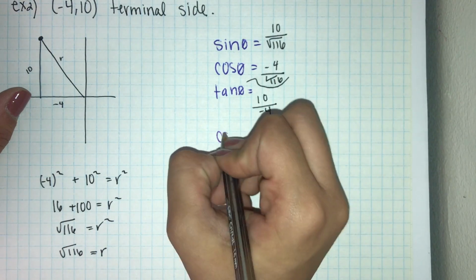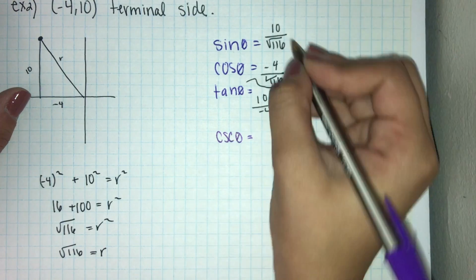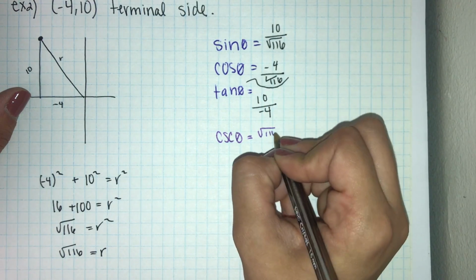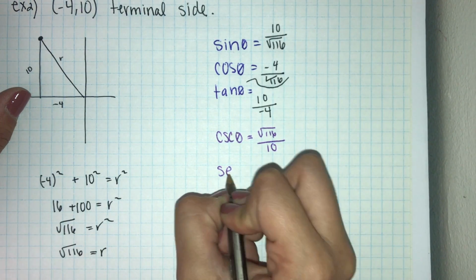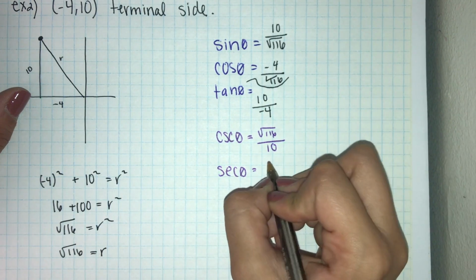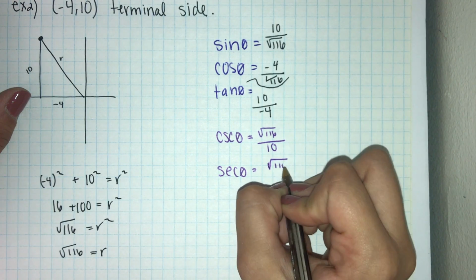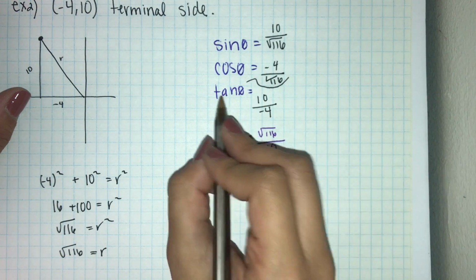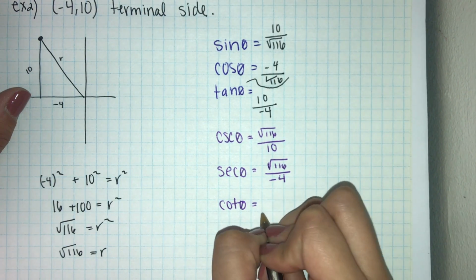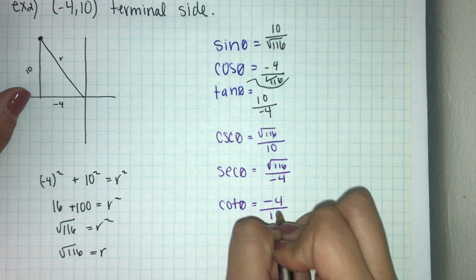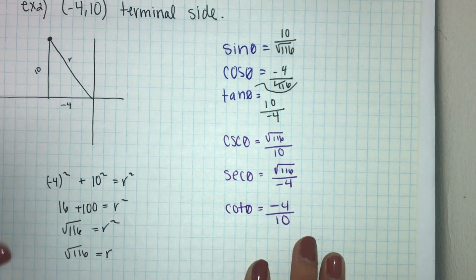So my cosecant, secant, and cotangent. And again, these are just switching the values of your first three. And that's it for the second problem. So we're going to move on to the third one.